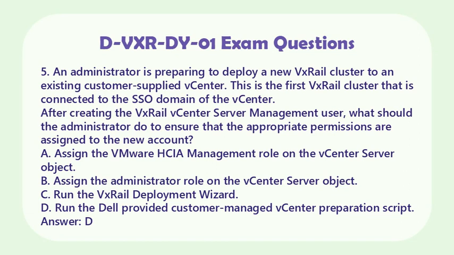A. Assign the VMware HCIA management role on the vCenter server object. B. Assign the administrator role on the vCenter server object. C. Run the VxRail Deployment Wizard. D. Run the Dell-provided customer-managed vCenter preparation script. Answer: D.